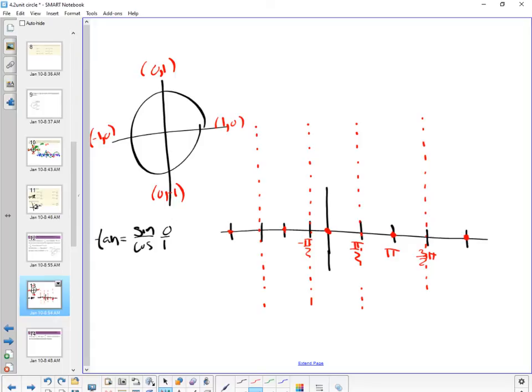So at every odd interval of pi halves, you're going to get an asymptote. 1 half, 3 halves, 5 halves, 7 halves, 9 halves, you're going to get that asymptote repeat. Okay? So how would you write that? I think I have a slide with that on there.